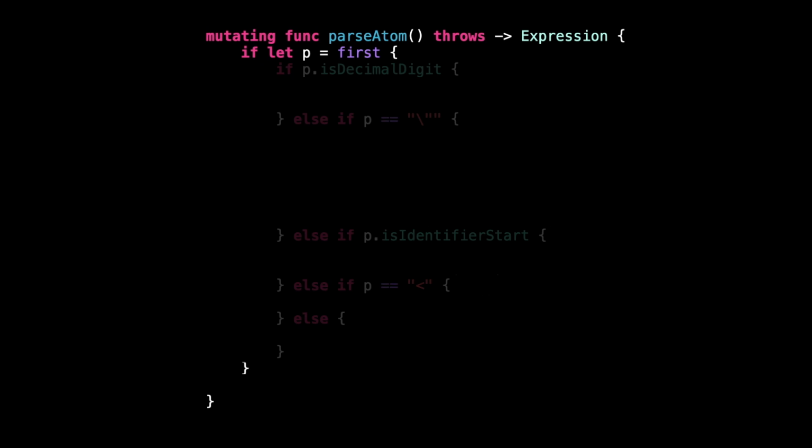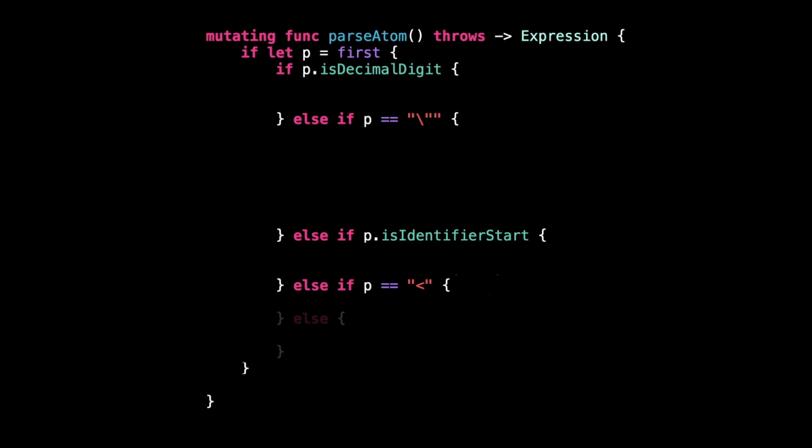Here we can see that there's a check if p equals first, and then we check whether that's a decimal digit. If yes, we're going to try parsing an integer. Then there's the case where we see a quotation character, and then we're going to try to parse a string literal. There is a case for an identifier, where we try to parse a variable, and a case for an angle bracket, where we try to parse a tag.